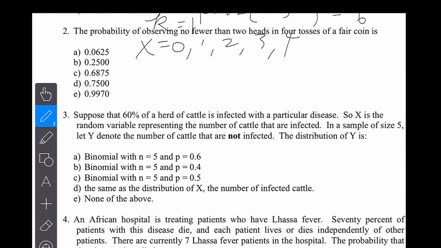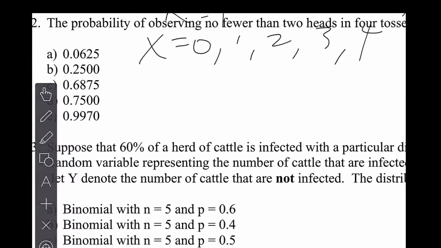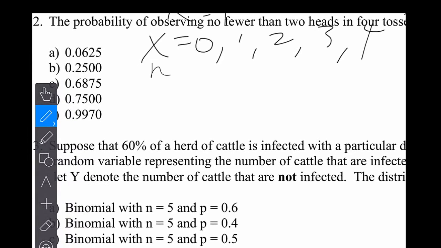N is 4. P is the probability of a head on each toss. Well, each time I have 2 possible outcomes, a head or a tail. So this is 0.5.